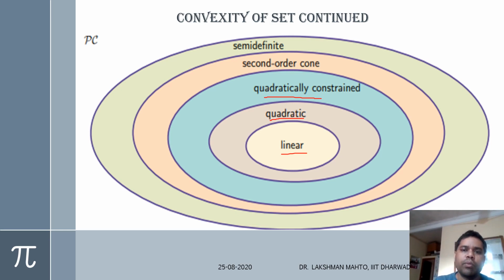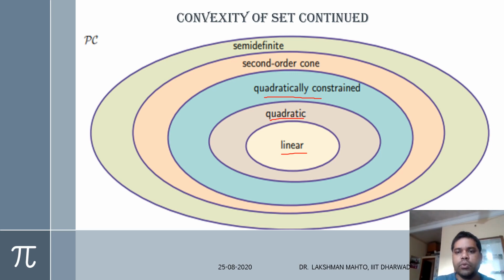Now, why are we studying convex optimization in detail? Because it is very certain that if you have a convex optimization problem, then it will have a unique global solution. To find the global solution of a convex optimization problem, there are a variety of optimization algorithms, and whichever is best suited, we have to apply on that problem.